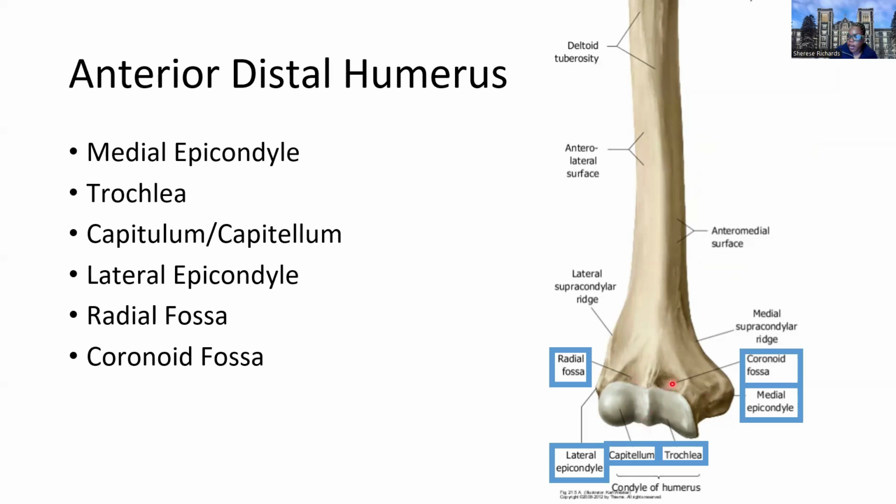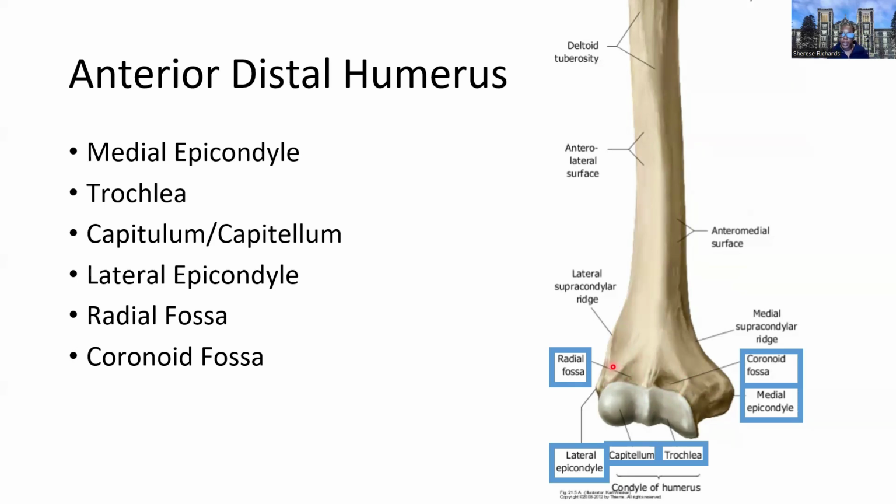Then we have two fossae right above those cartilage surfaces. We have two grooves that are going to be the articulation of bones of the forearm. So the ulna will articulate into the coronoid fossa, the coronoid process of the ulna, that is, and then the radius will articulate into the radial fossa. Remember, the ulna is going to be the medial bone, the radius is going to be the lateral forearm bone.